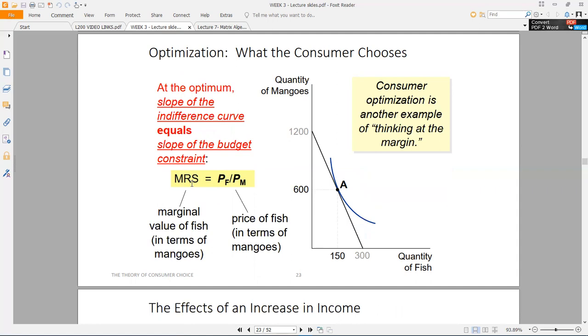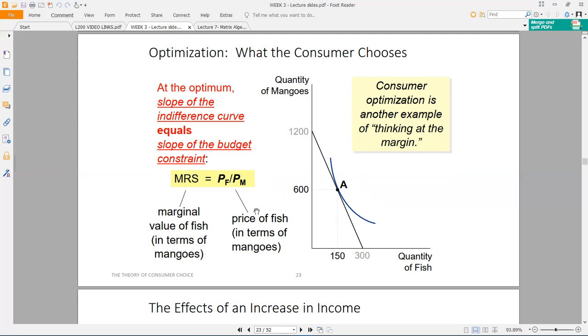The slope of the indifference curve is the marginal rate of substitution, and the slope of the budget line is the price ratio, the price of the good on the horizontal divided by the price of the good on the vertical. So here it is the price of fish divided by the price of mangoes. The marginal rate of substitution is measuring the value of fish in terms of mangoes, and the slope of the budget line is also talking about the price of fish in terms of what? Mangoes.